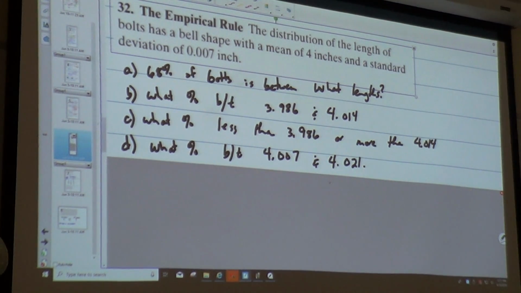Perfect. Last one. Round it to 2 places behind the decimal. Perfect. Good.